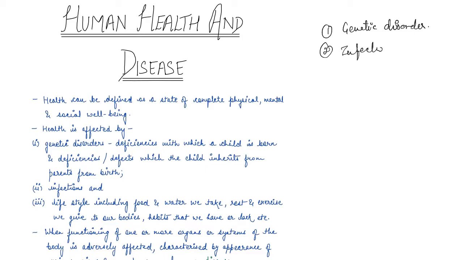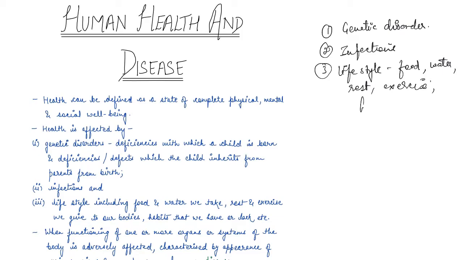Now these infections can be from any different type of organisms, or allergies, all those things affect our health, right? And then our lifestyle. Now lifestyle includes food, water, the rest that we take, the exercise that we do, right? The kind of habits that we have in our daily lifestyle. So all those factors affect our health, right?